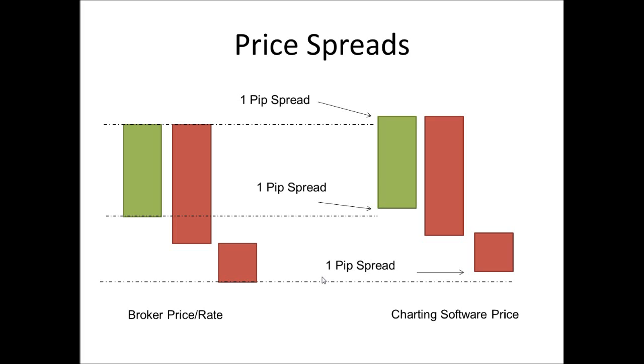So even though there's a difference in the broker quoted price and our charting software, as long as there's a consistency in that price spread, there should not be an issue.